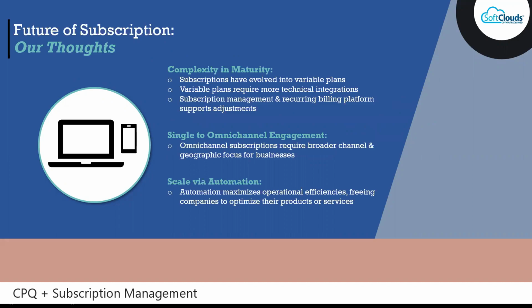So futures on subscription, we see that subscriptions are starting to evolve into variable plans. So rather than traditional month after month, they become variable. And sometimes the usage part of that does play into that as well. The more you use, the more often you need the product. We're looking at omni-channel engagement. So broader channels to engage with customers, to reach out to customers, to really find those customers where they live.